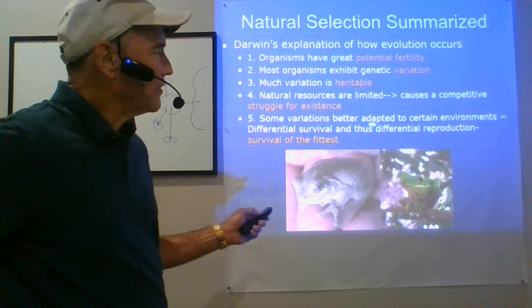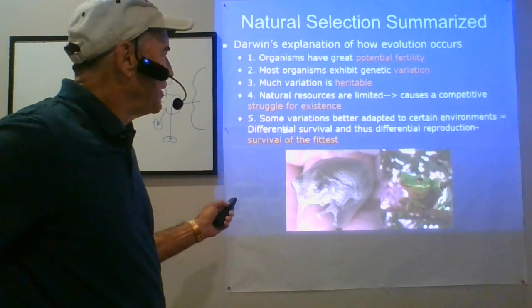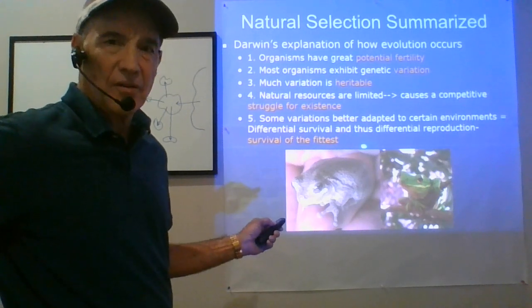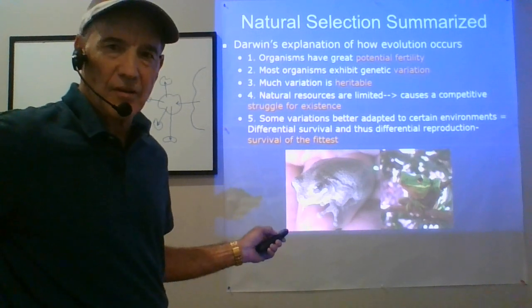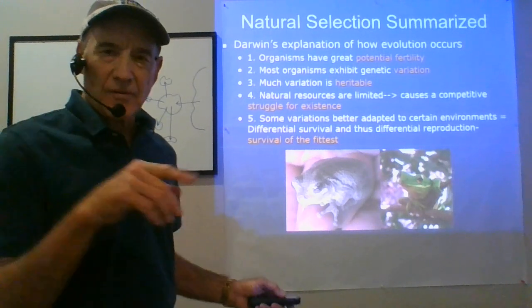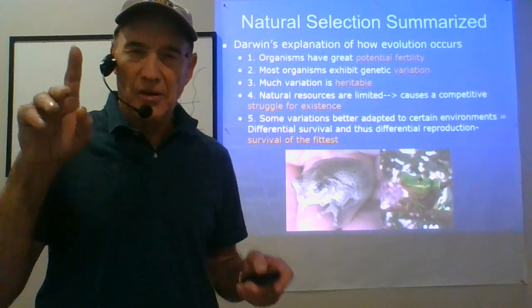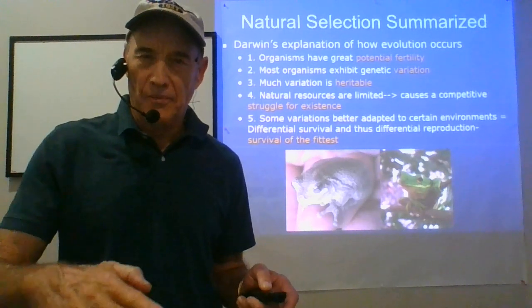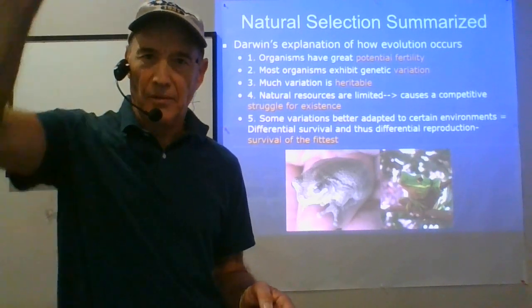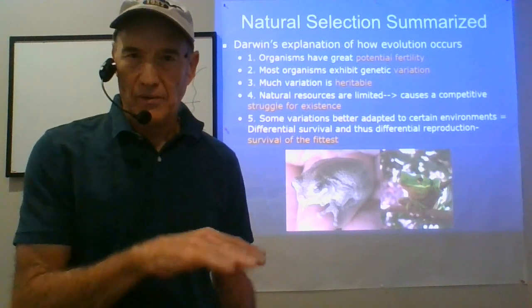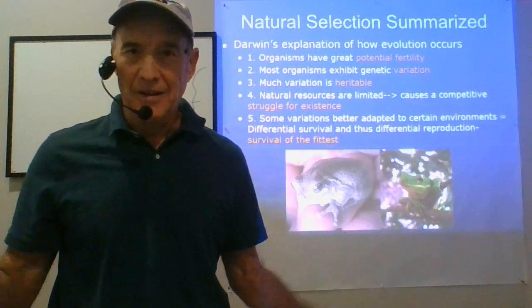Anyway, some feature variations could help an organism to survive better in a certain habitat, like a giraffe. The giraffes that were taller could eat all the fruits from the tree, from the lower area all the way up to the higher area, whereas the short giraffes could only eat the lower area, which was where everybody was eating.